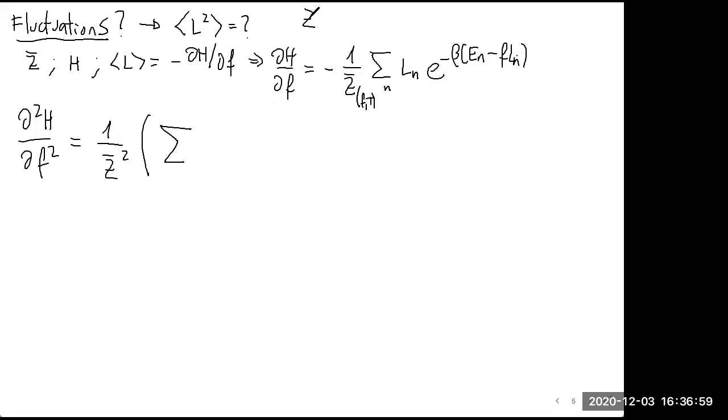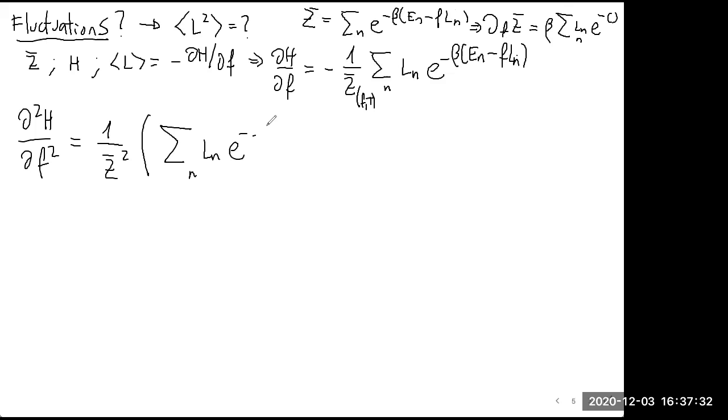Remember, z was the sum over n of e to the minus beta (en minus f ln). So if I make a derivative with respect to f, partial f of z, this will come down. So it will be a beta sum of ln and the same exponential, the same thing as I have here, e to the minus beta (en minus f ln). This is the first part.